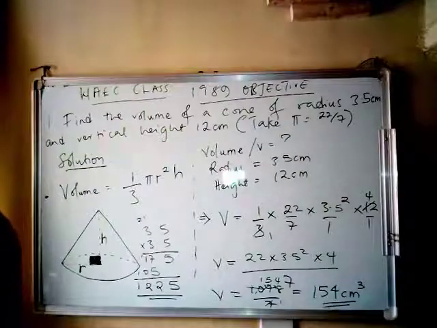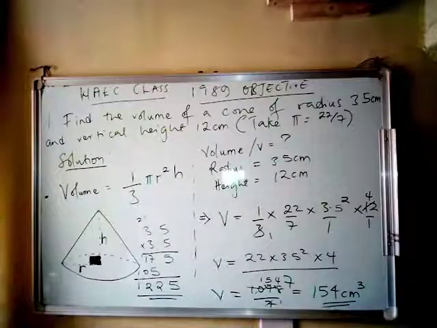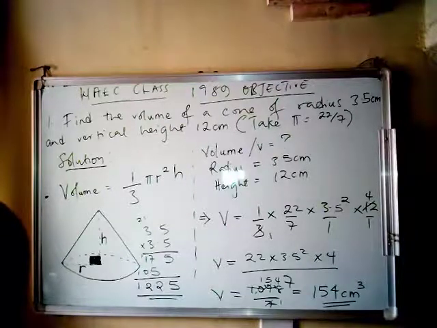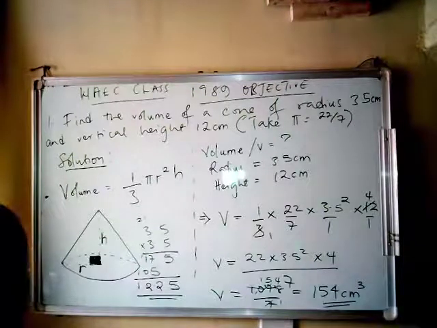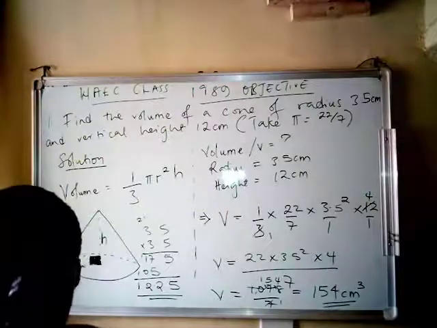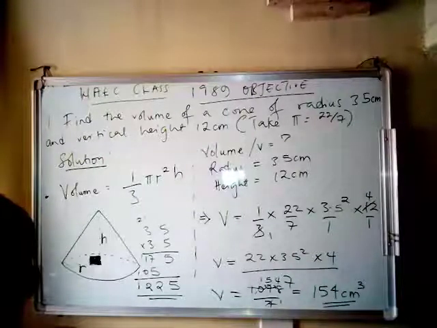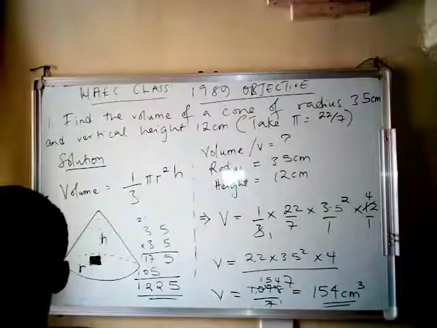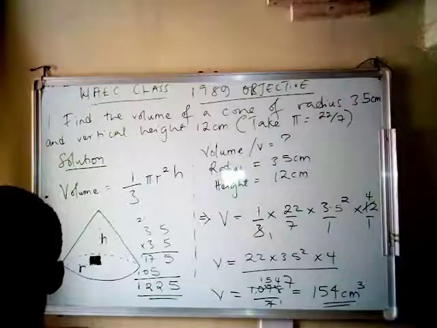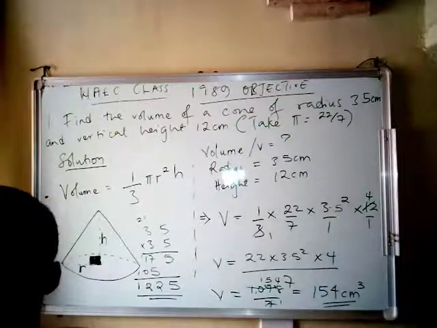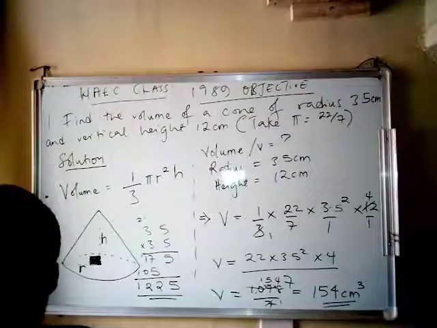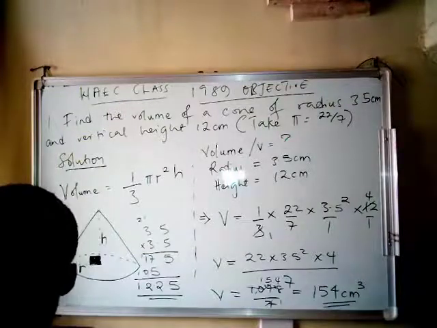Now, why do we know that? Take for instance, 100 represents 100, right? Of course, it represents 100. But once you say 100,000, that becomes 100,000, right? Or if you say 100 million, it becomes 100 million.